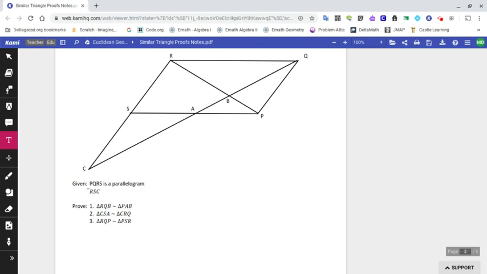Along the way, we're going to talk about what information you get from the fact that PQRS is a parallelogram, how to state certain things, and how to use that information. What you're going to need to open up is your pathways for success in proofs.